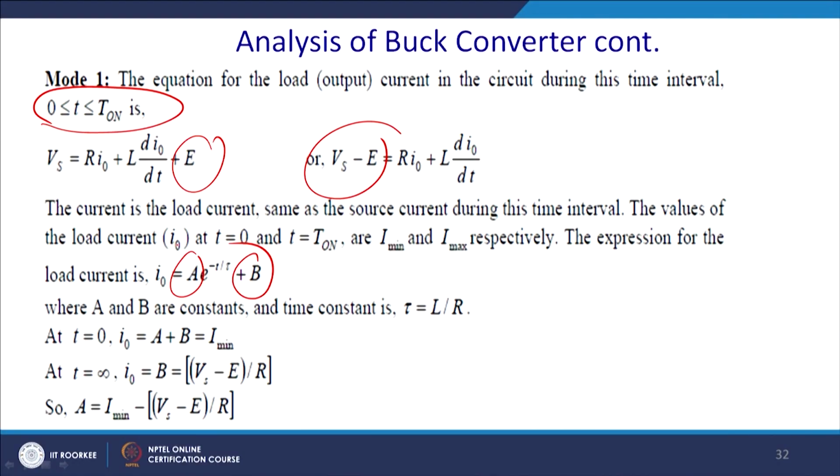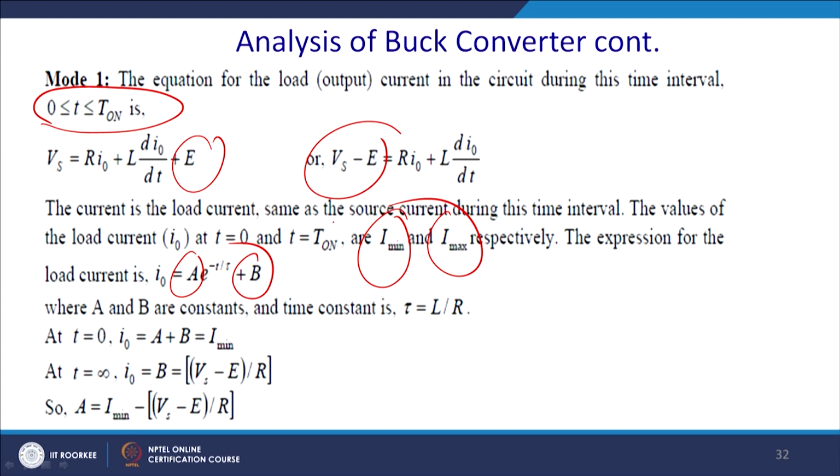So, we get to find the constants A and B. The load current is the same as the source current during this interval. The values of the load current I0 at t equal to 0 and at t equal to T on are I min and I max respectively. So, at the beginning it was I min, and it will go up to I max.